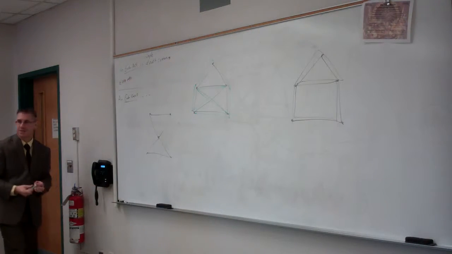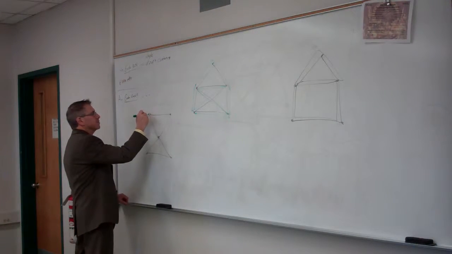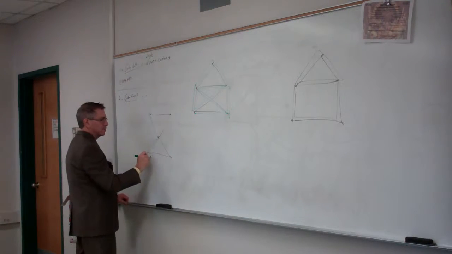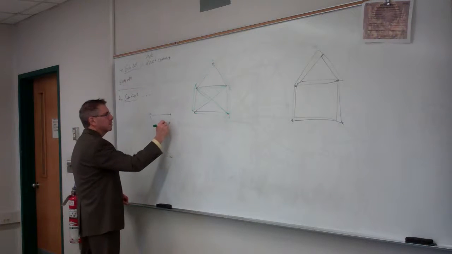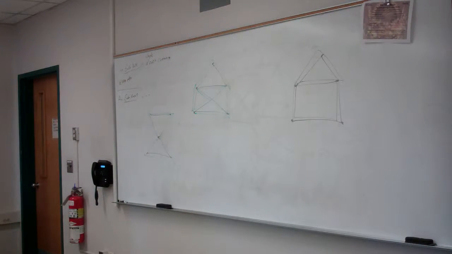Here's another graph. This does have a path and a circuit. We can begin here. We visited every edge exactly once, and we ended where we started. So that's got a path and a circuit.